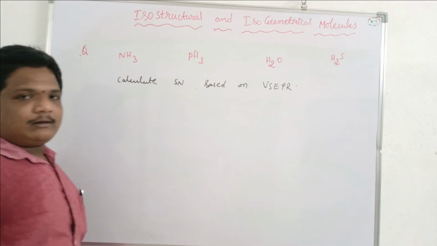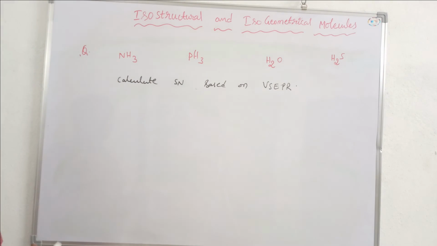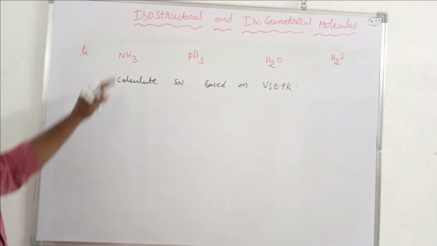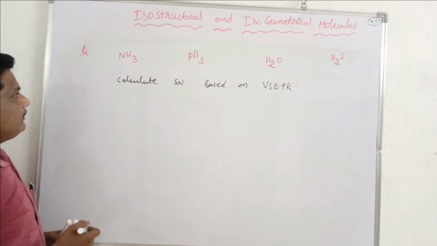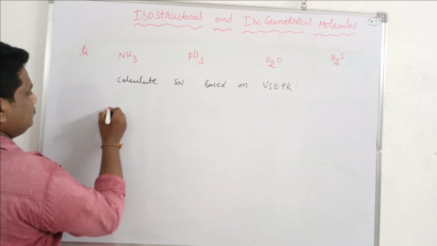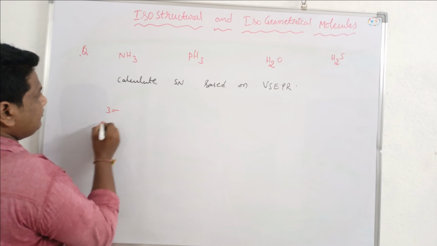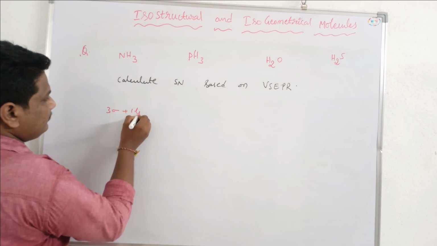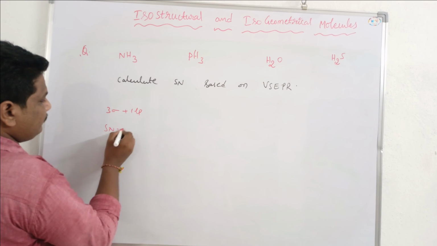So in the case of NH3, we have 3 sigma bonds and 1 lone pair. So here we have steric number 4.